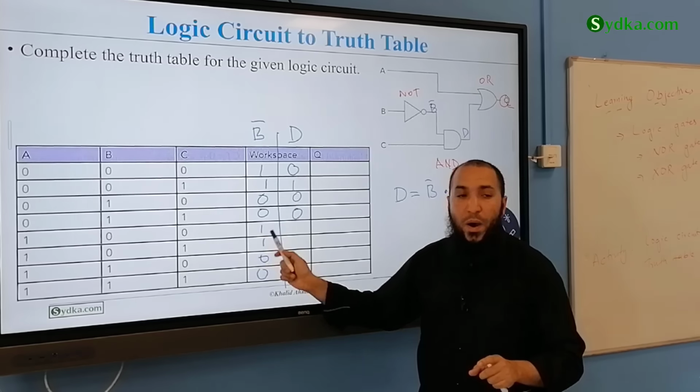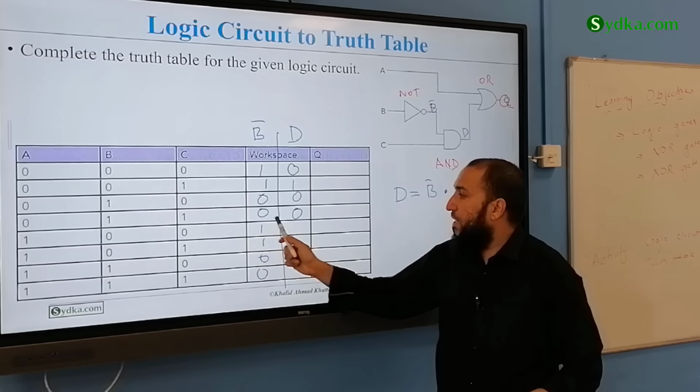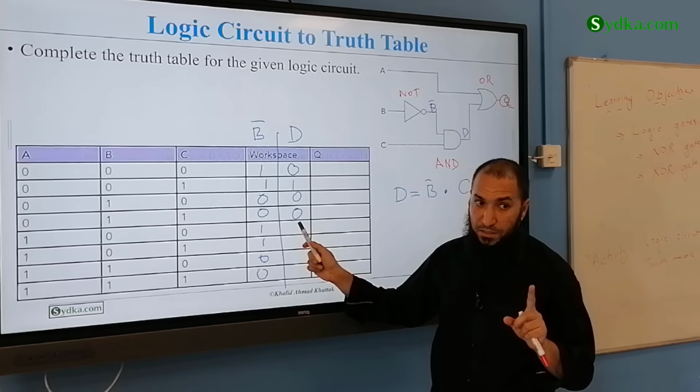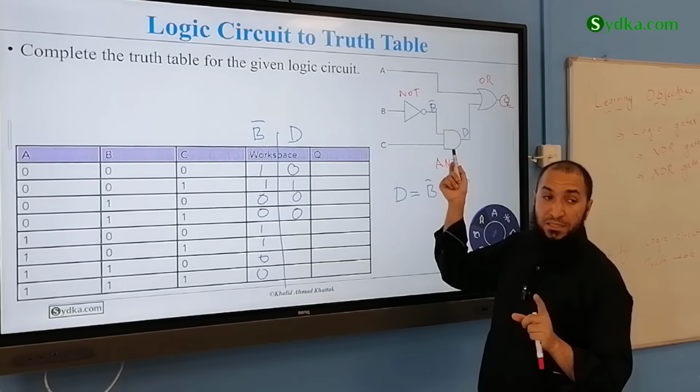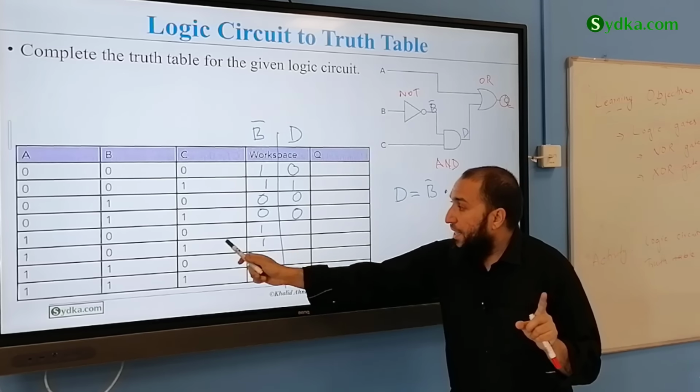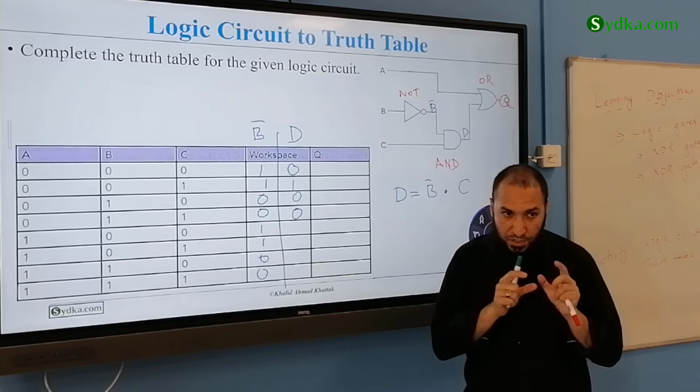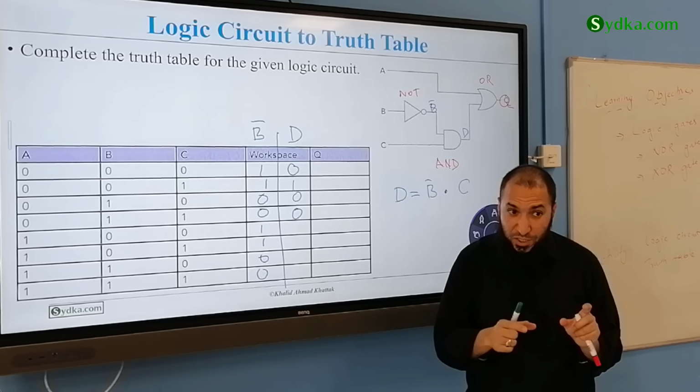Remember AND gate. 0 and 1, AND gate, gives us 0.